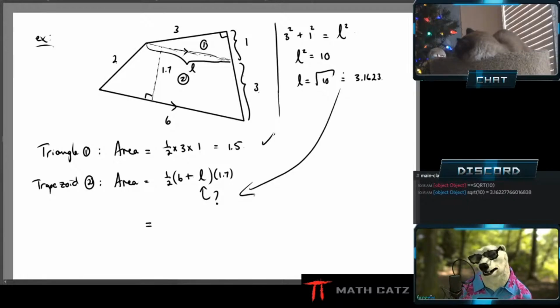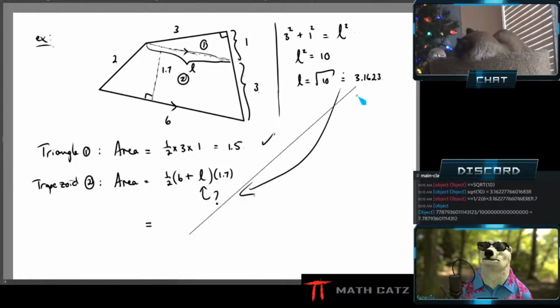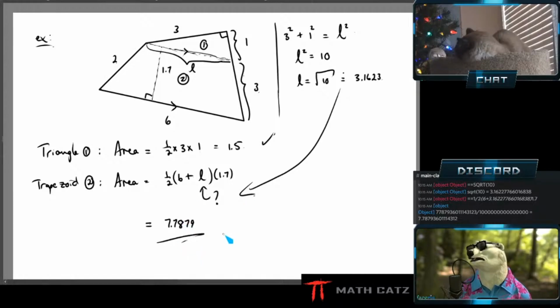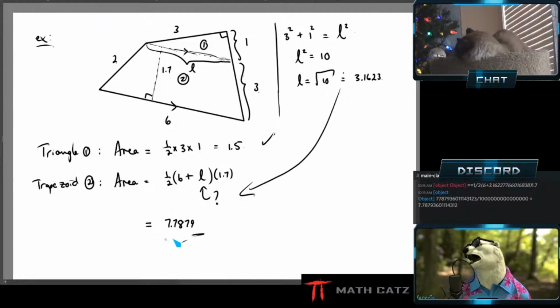Times 1.7. And I have 7.7879, whatever the units squared. Area of my trapezoid. Now my line here was a little premature, wasn't it? Yeah, I got a little excited. Sorry.